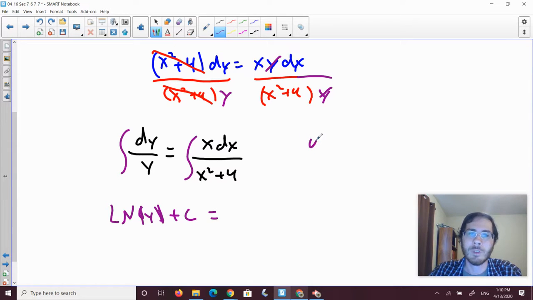Let's say u is going to be x squared plus 4. So du equals 2x dx.